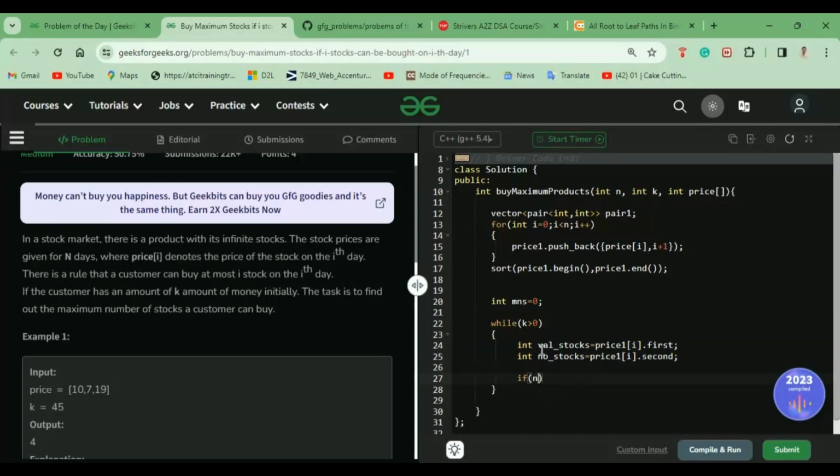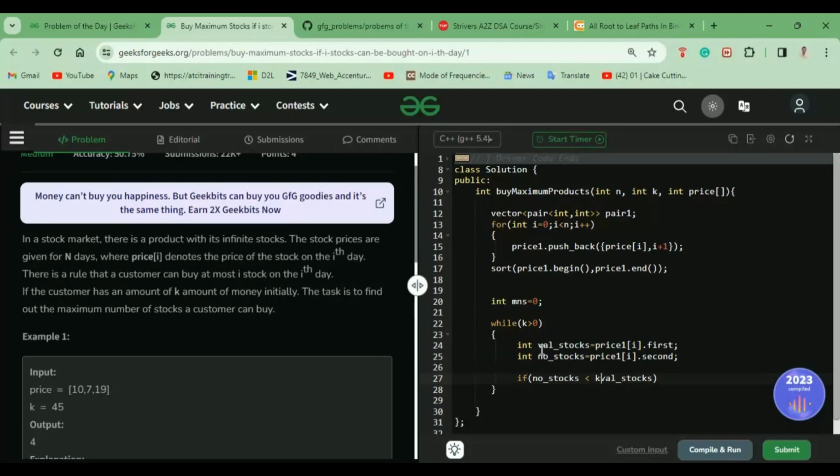So if the number of stocks on a particular day is lesser than whatever amount we can purchase. How can we find that out? Well, val_stocks is the value of that particular stock, and k is the amount we have.